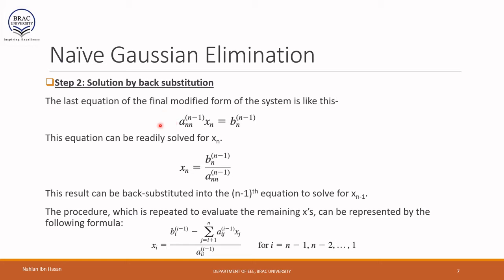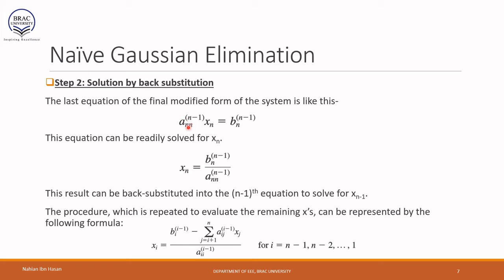How are we going to use this? Once we have converted our original coefficient matrix to an upper triangular matrix, the last equation, the nth equation, has only one term remaining, and it is something like this: a_nn^(n-1) xn equal to bn^(n-1). In the superscript we are using the notation n minus 1.